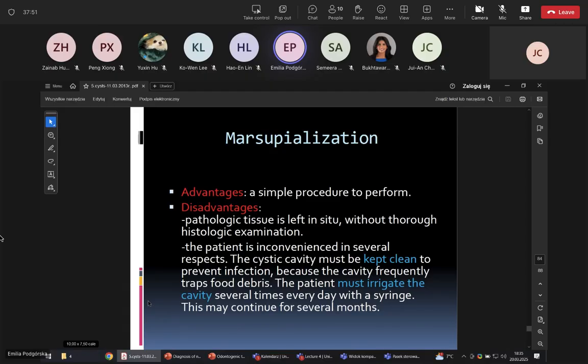Disadvantages: pathologic tissue is left in situ without histologic examination, and the patient is inconvenienced in several respects. This cavity must be kept clean to prevent infection, and because the cavity frequently traps food debris, the patient must irrigate the cavity several times every day with a syringe. This may continue for several months.